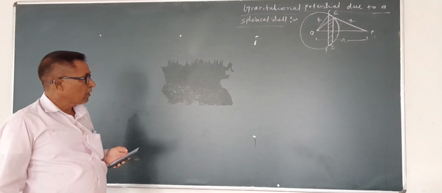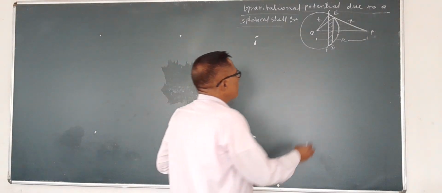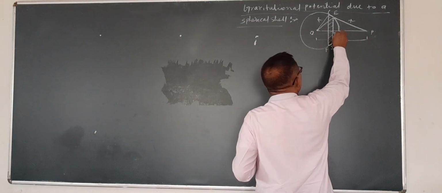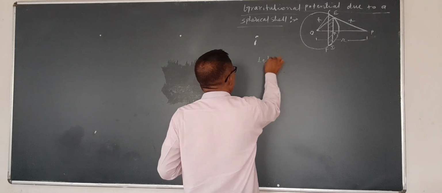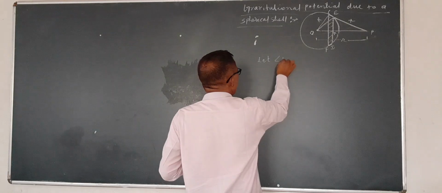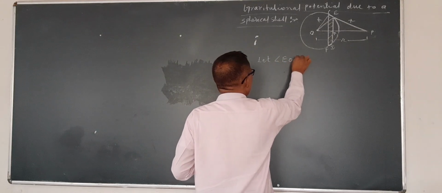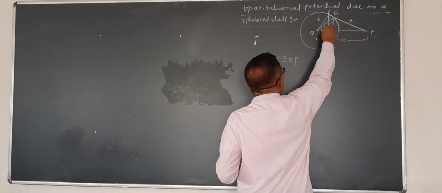Suppose this point is K. Now, in triangle EOP, let us suppose this angle is theta.